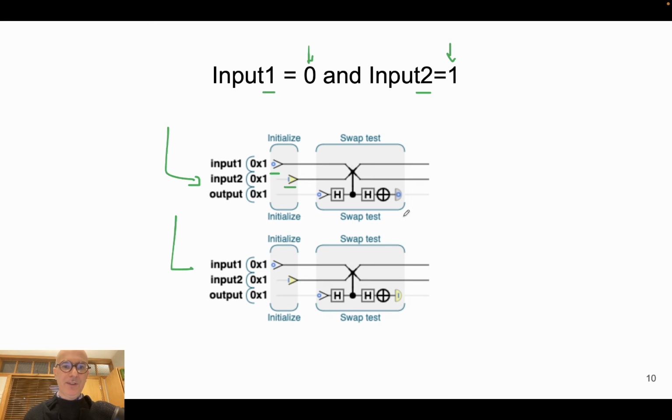The major difference that you can see here, it might surprise you, is that the measurement in the output register might be different. But let's see in more detail using the circle notation what's going on here.